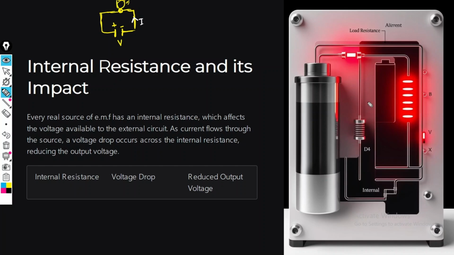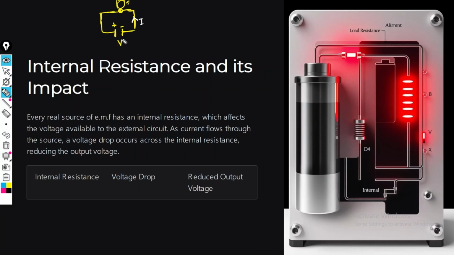So a battery with more internal resistance will give less voltage to the circuit. Every real battery will contain some internal resistance, because during the redox reaction inside the battery, some collisions and other phenomena occur.